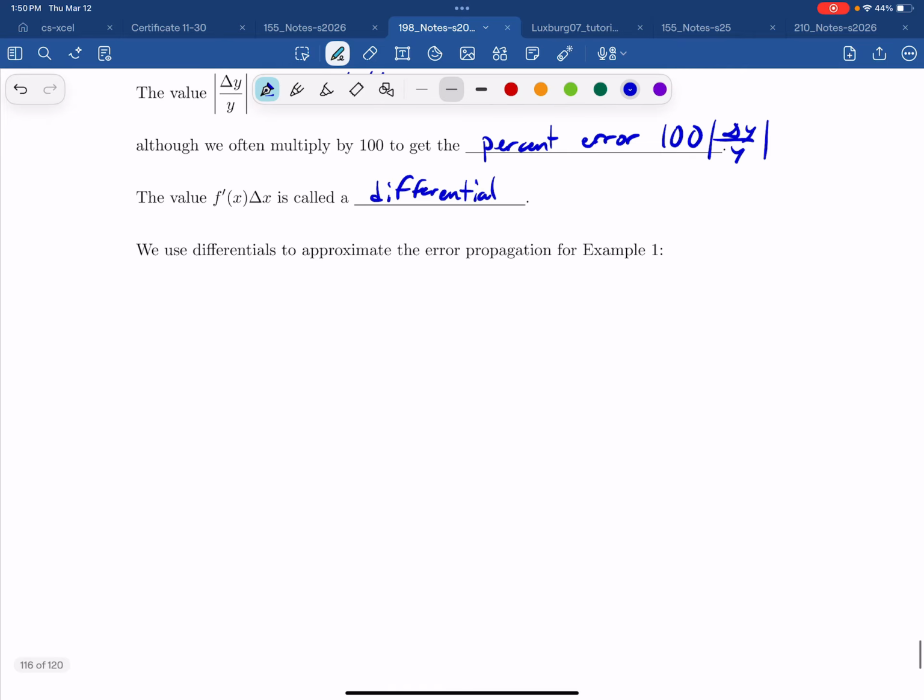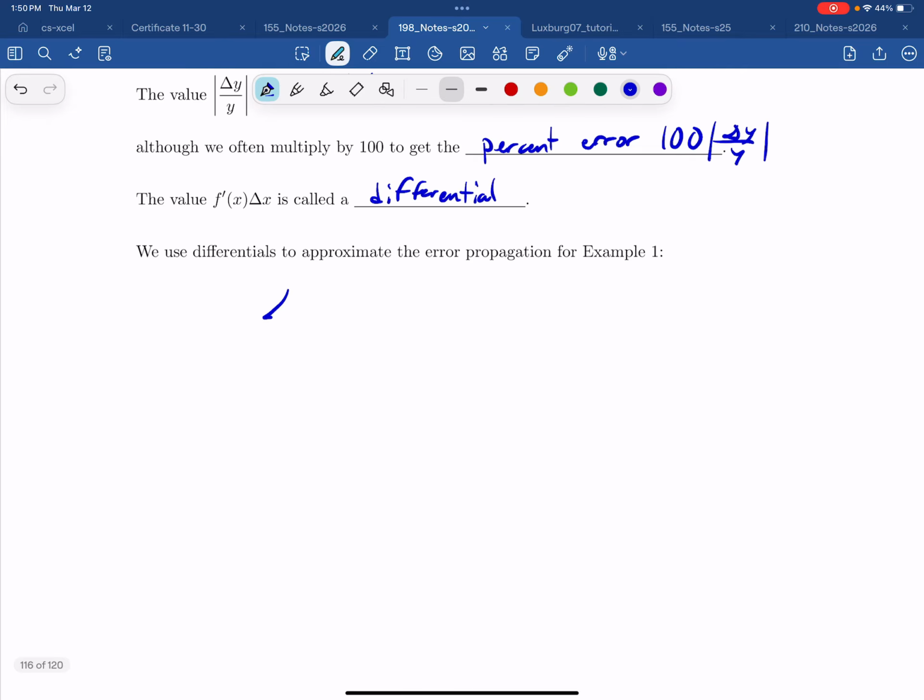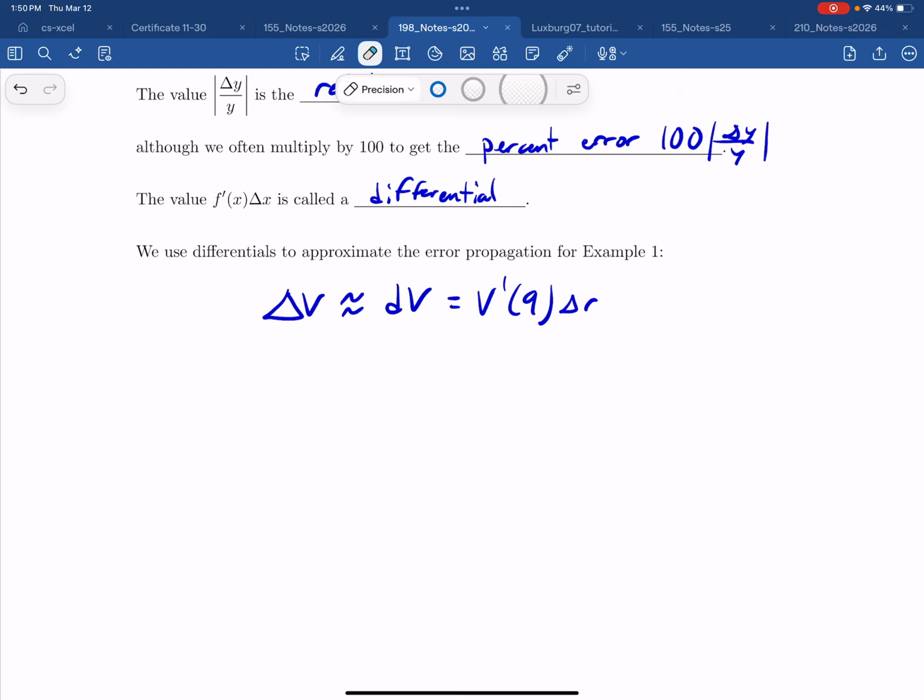We had before that delta v approximately equaled dv, which equaled v prime of 9 times delta r. All we're saying here, and really, I think we could even just call it dr. It looks a little bit nicer. This equals, well, what's v prime of 9?